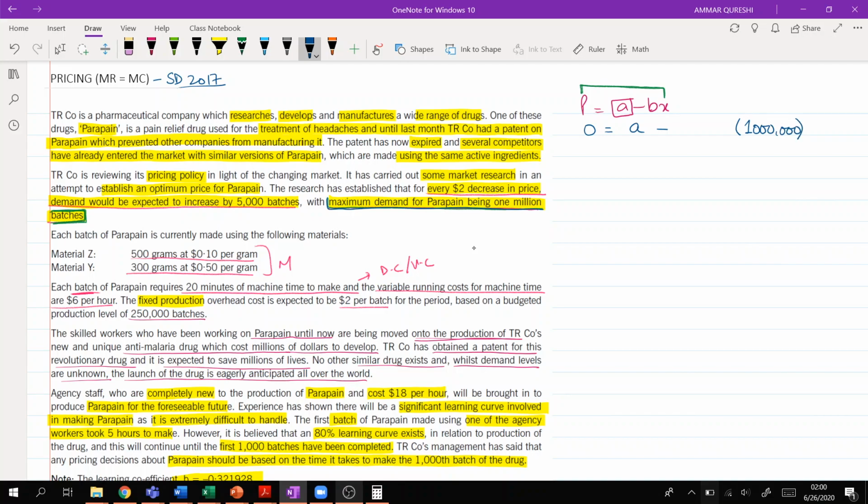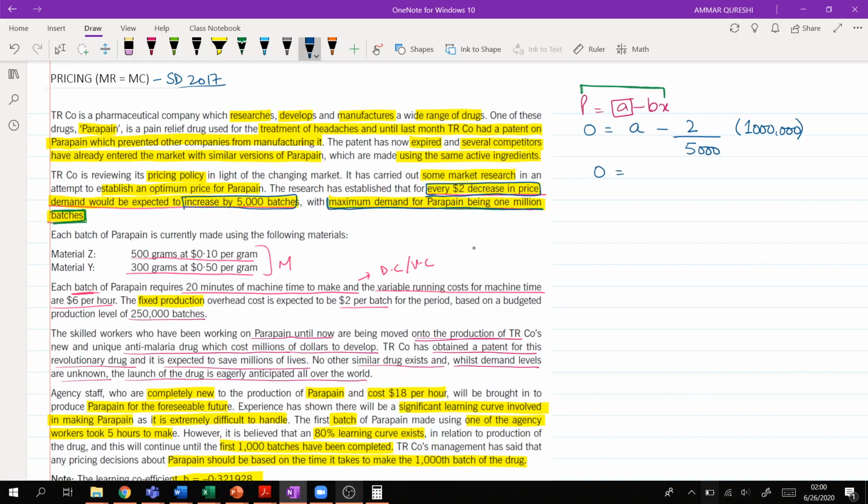Now what is the value of B? B is change in price divided by change in quantity. So see here, a $2 decrease in price will increase sales volume by 5,000 batches, right? So $2 change in price divided by 5,000.